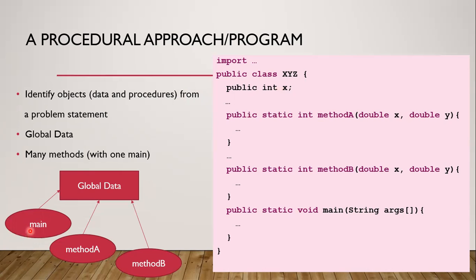They all have access to the global data to read and to write. So with this simple example, we can show that there's a main method and many other methods. Let's not discuss this detail, because we're using Java, and in Java every program is a class, so we keep everything in a class.